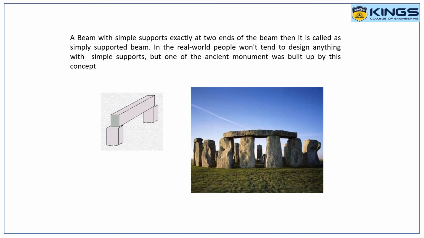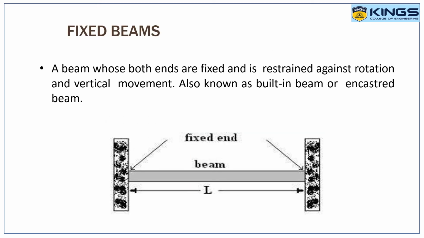The next one is fixed beams. A beam whose both ends are fixed and restrained against rotation and vertical movement is also known as a built-in beam or encastre beam. Just by visualizing this image, we can identify what is meant by fixed beams.